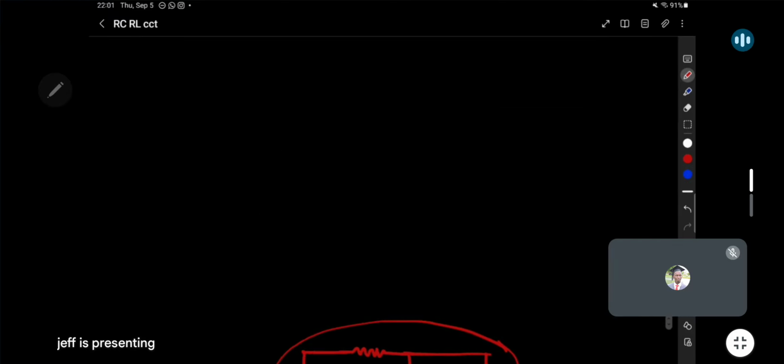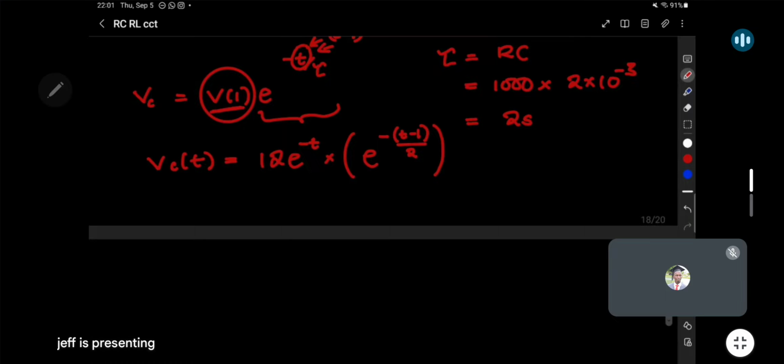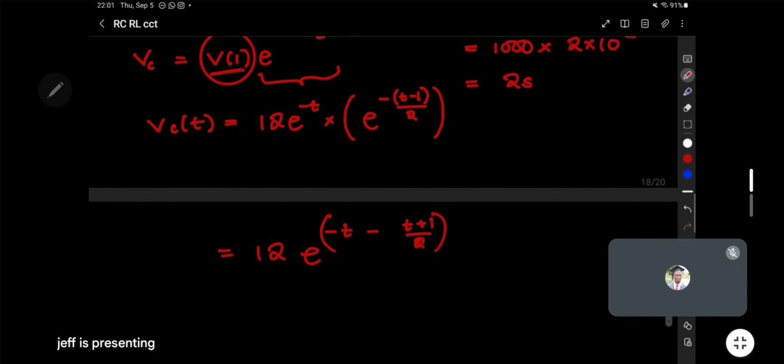Okay, so let's see how the powers are going to add there. So in the end, we have 12 e, it will be minus t minus t plus 1 over 2. Basically, this is what the power is going to be. But now it's just a matter of simplifying it so that we combine this into one full thing. So single fraction, it's going to be minus 2t minus t. This will be minus 1 as well. Is it? Over 2.